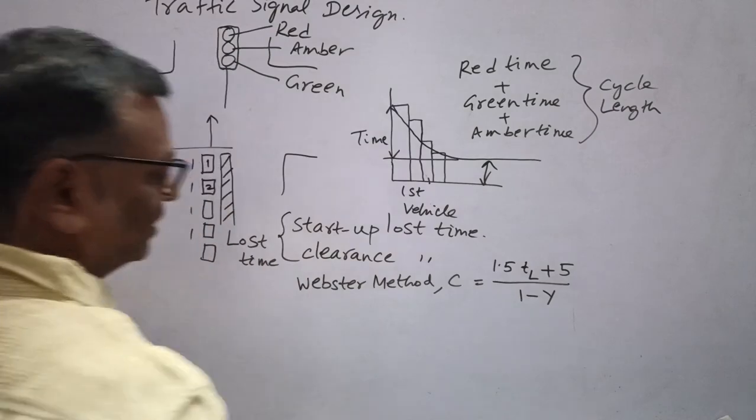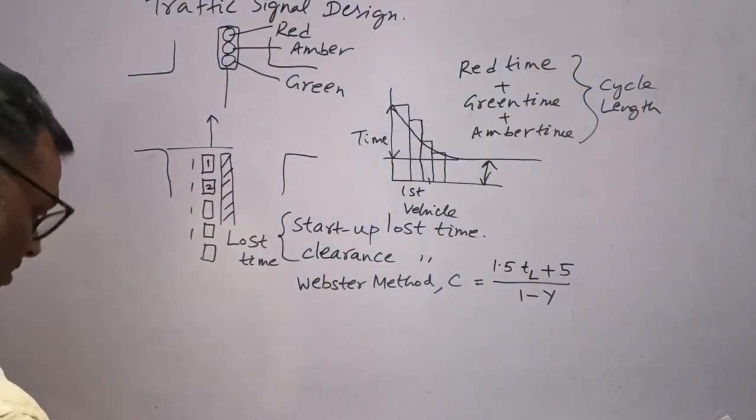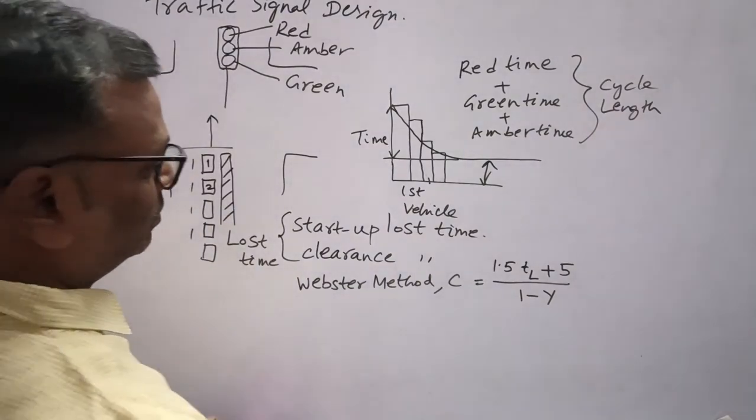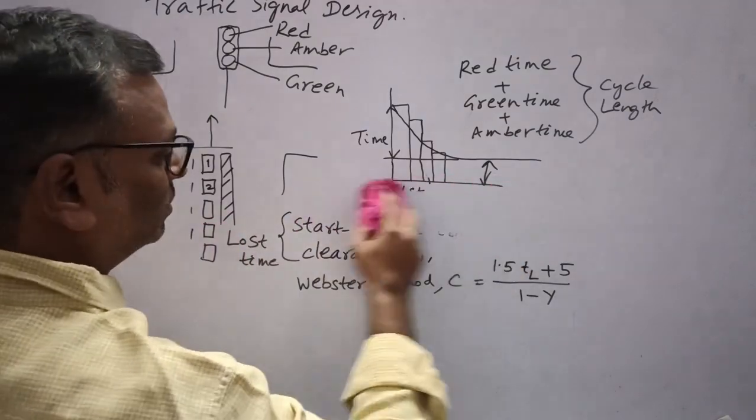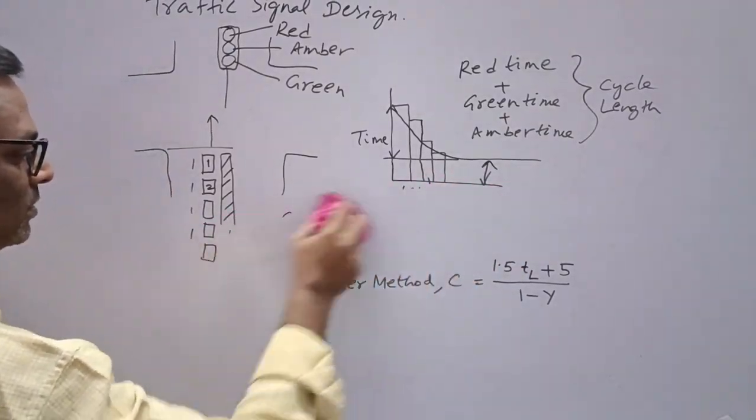So according to Webster method, cycle length C is equal to 1.5 into L, total lost time.